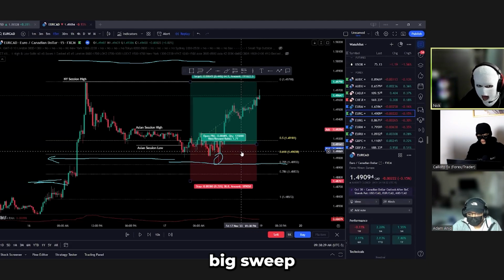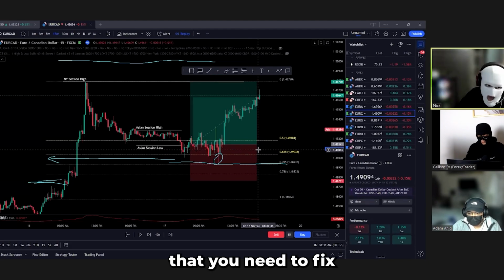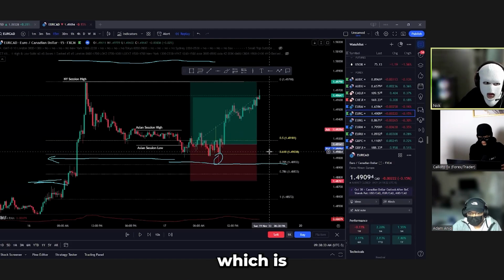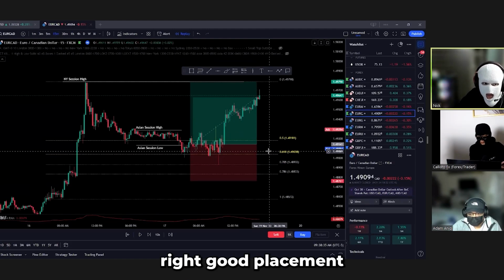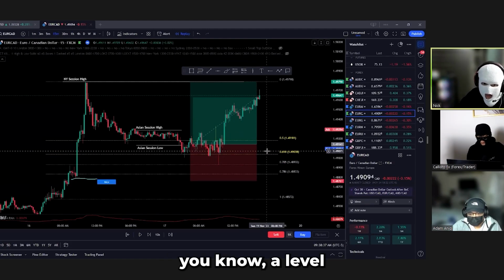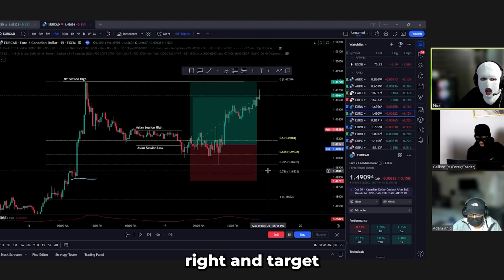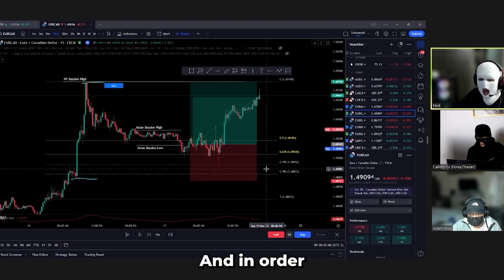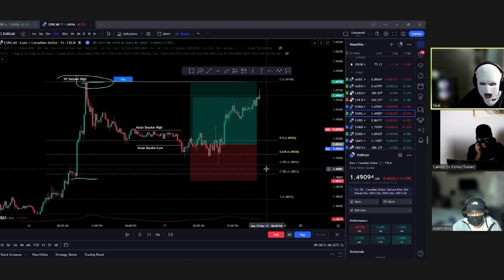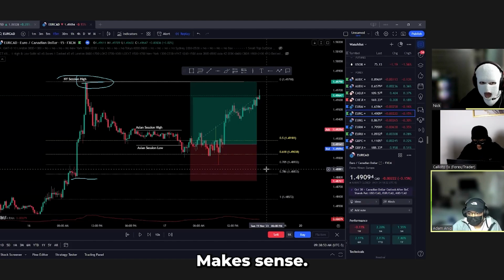Now the only thing that you need to fix is your stop loss placement, which is what I've drawn. Place it here instead of at a level that hasn't been tested before, and target the highs because you are bullish. And in order for you to be bullish, you need to constantly break higher highs. So this is a good target. Make sense?